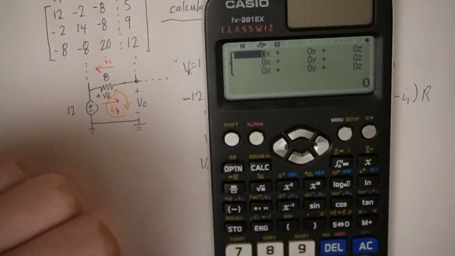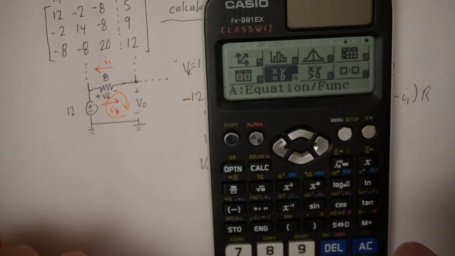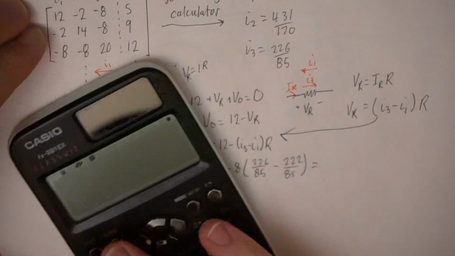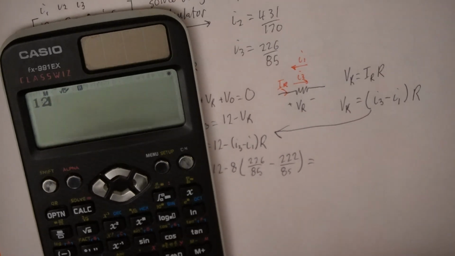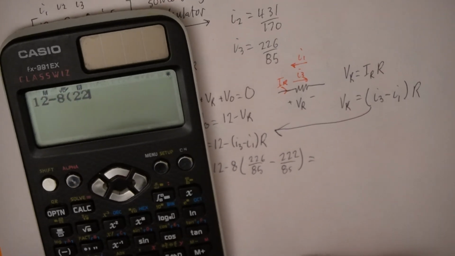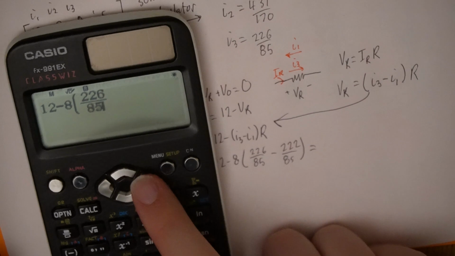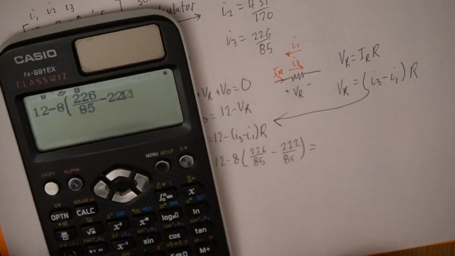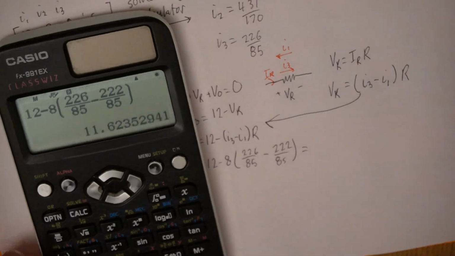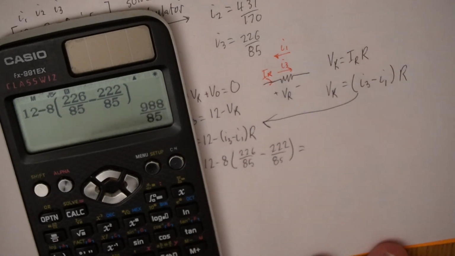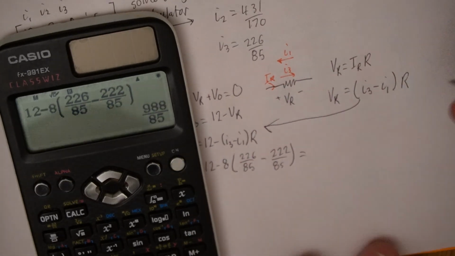If you're using this calculator, switch back to the main mode, menu 1. I'm going 12 minus 8 times (226 over 85 minus 222 over 85) equals, for the final solution, I'll round it to two digits.